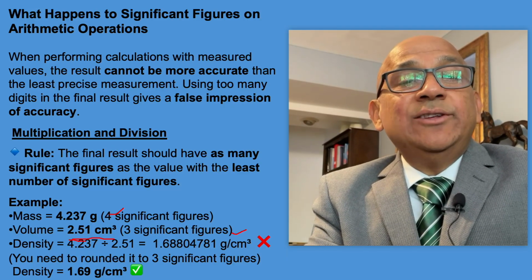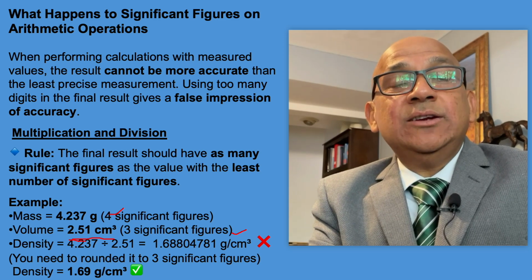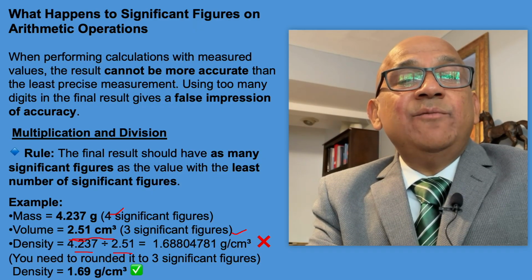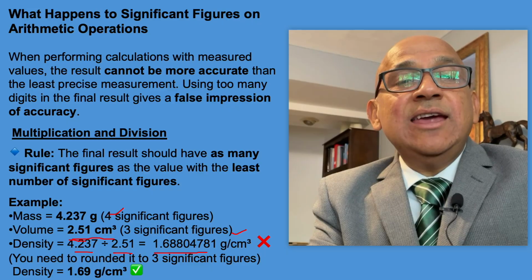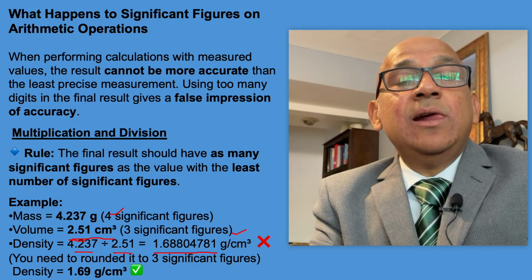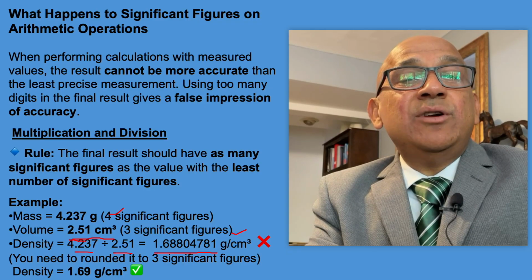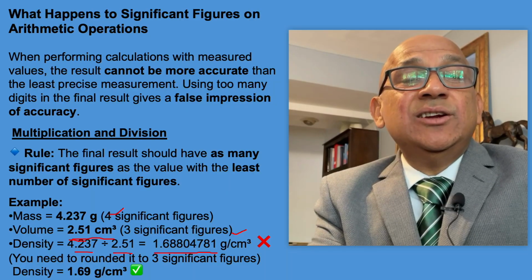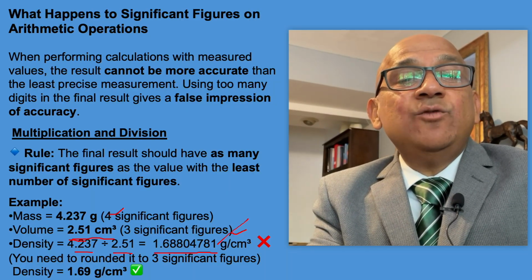Now suppose you are asked to find the density of this object. You simply divide the mass by the volume, and you will end up with a number in your calculator something like this, 1.68804781. If you write this number, then somebody will have an impression that the accuracy of your measurement is till this last digit, which is actually not the case.